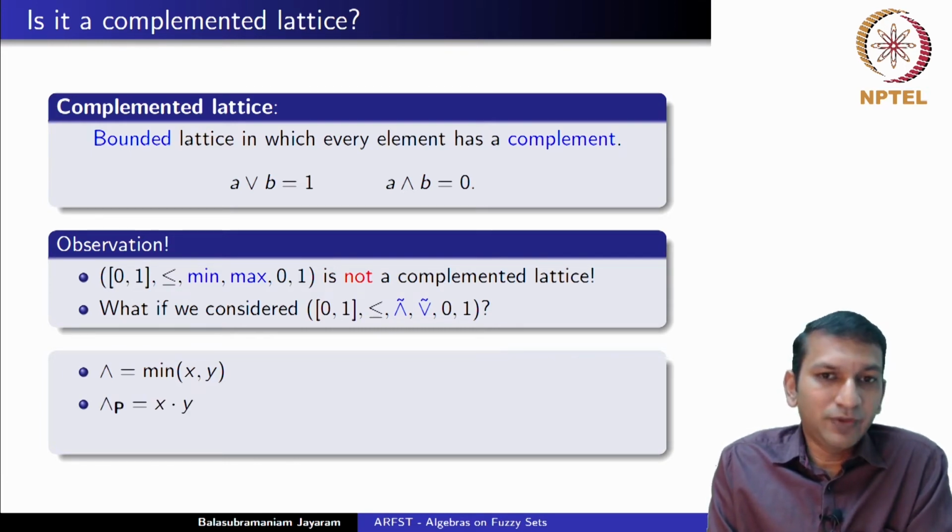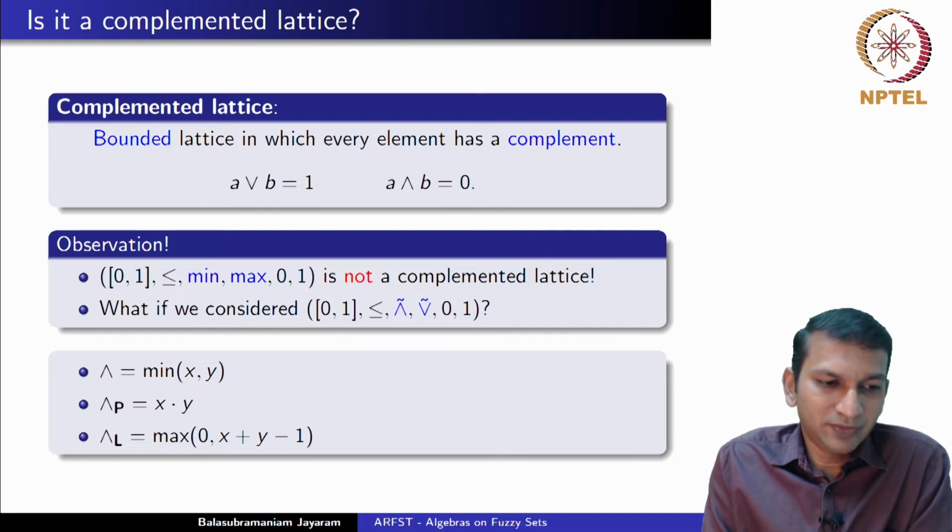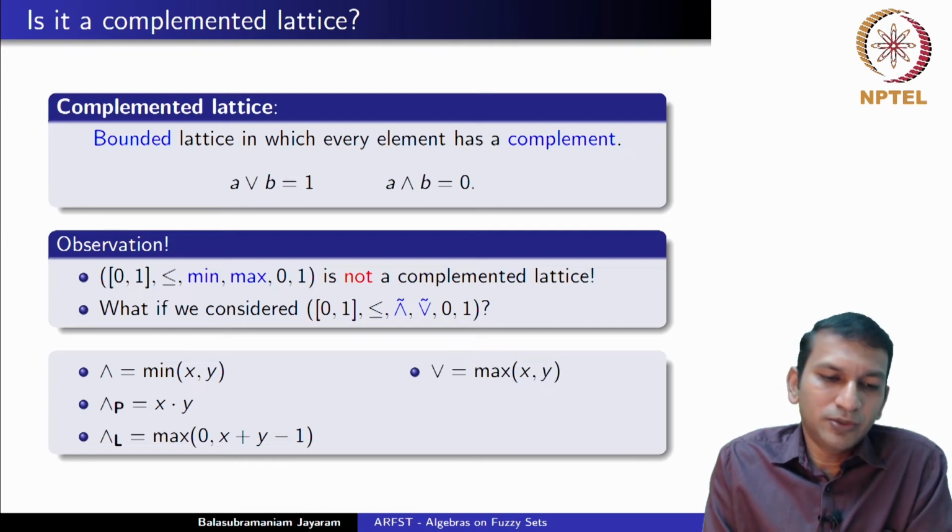We also know that we could consider product for the conjunction, and this particular operation, which we will soon see as the Łukasiewicz conjunction. So we have seen that with min and the join interpreted as the maximum function, we have not been able to show that it is a complemented lattice, even though it is a lattice.